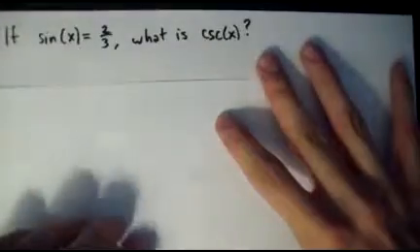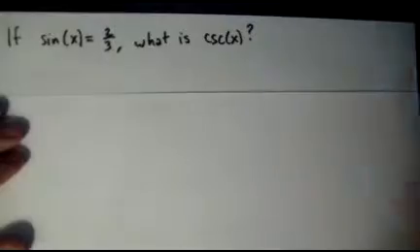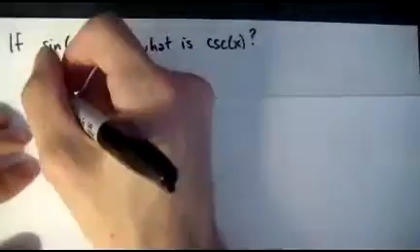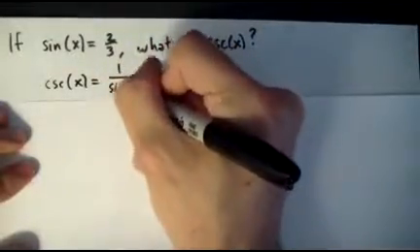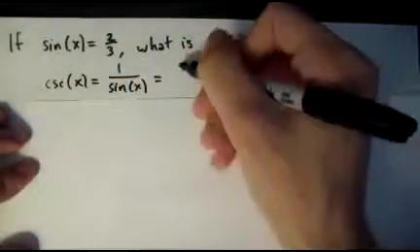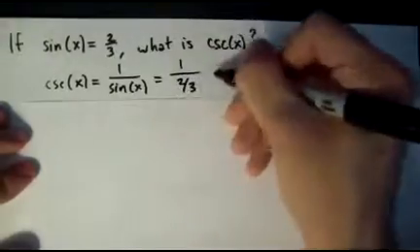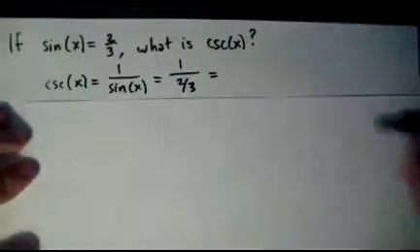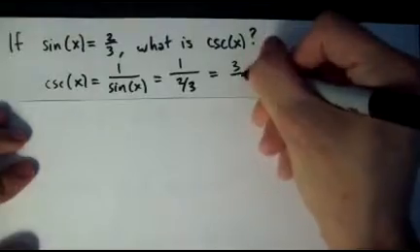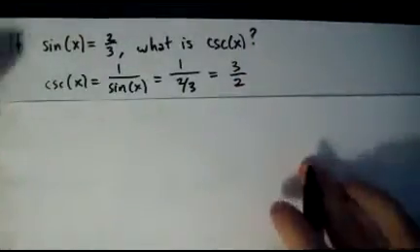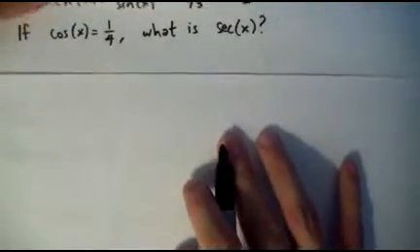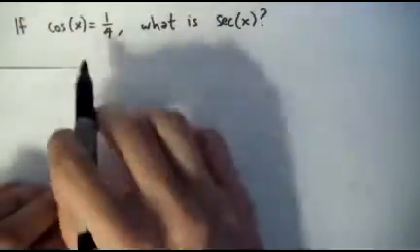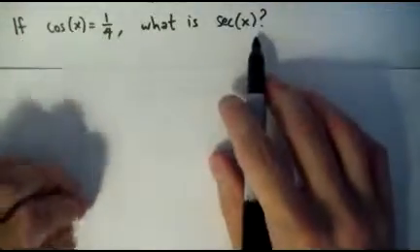So, if sine of x is 2/3, what is cosecant of x? Well, these are all relatively straightforward. We know that cosecant of x is 1 over sine of x. So this is just 1 over 2/3. Dividing by a fraction is multiplying by a reciprocal, so we get 3/2. Now we're told that cosine of x is 1/4, and we want to know what secant of x is.